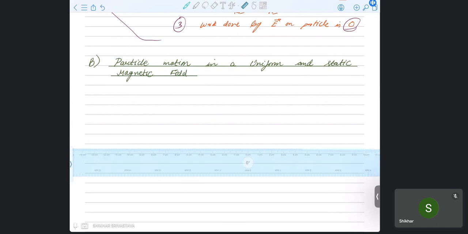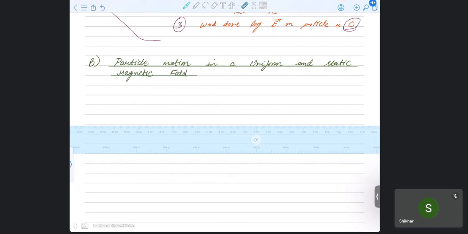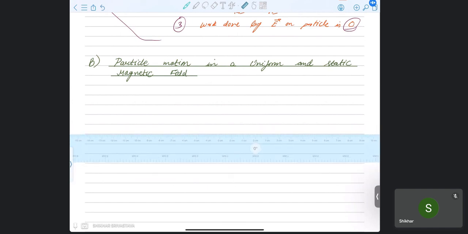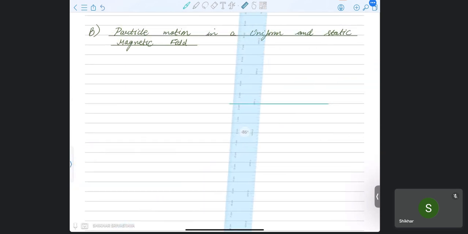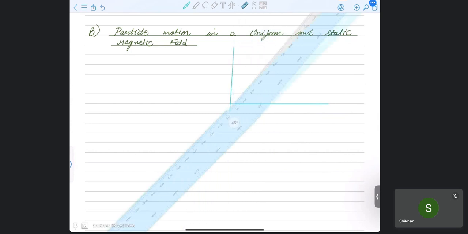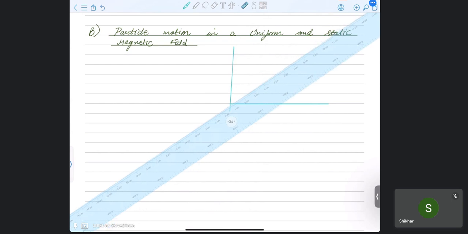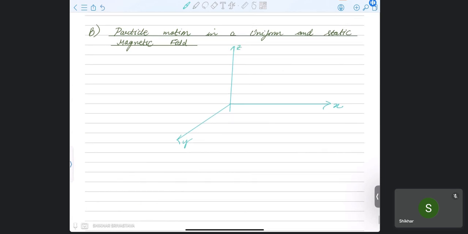Again we will set up the coordinate system. Now suppose, instead of the electric field, we put a magnetic field in this z direction.